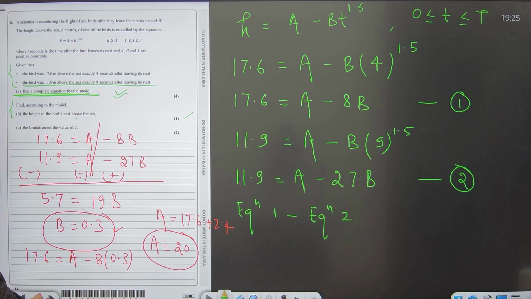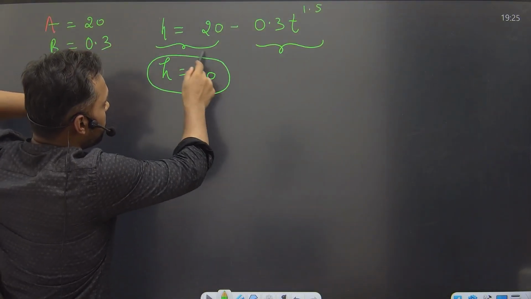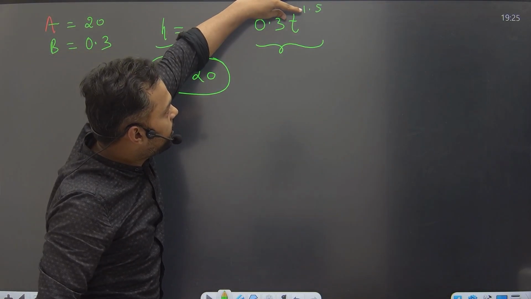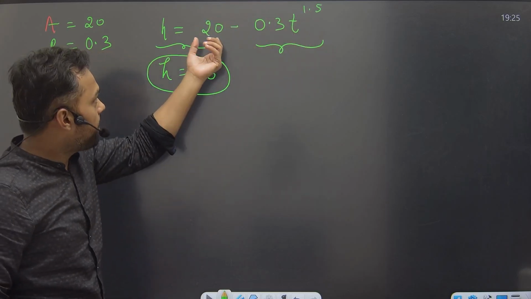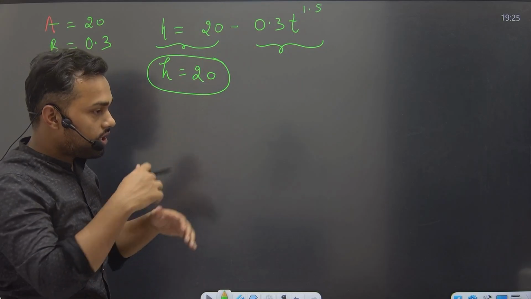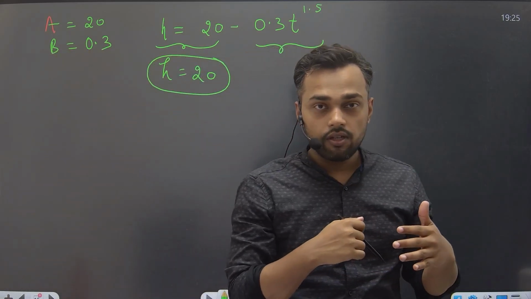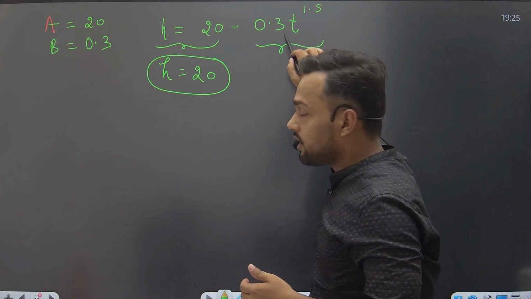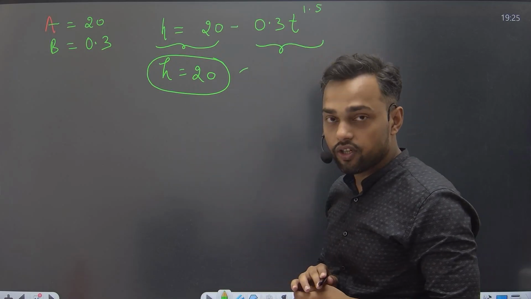Above the sea means this part only needs to be considered because this other part is dependent on the time, so we will not consider it. So the main height will be 20. Whatever height it is covering after a certain time interval will be calculated after plugging the value of t here. So the original height will be 20.